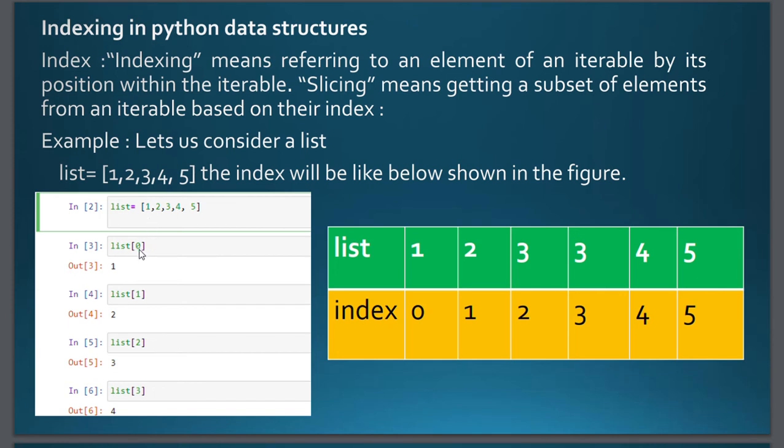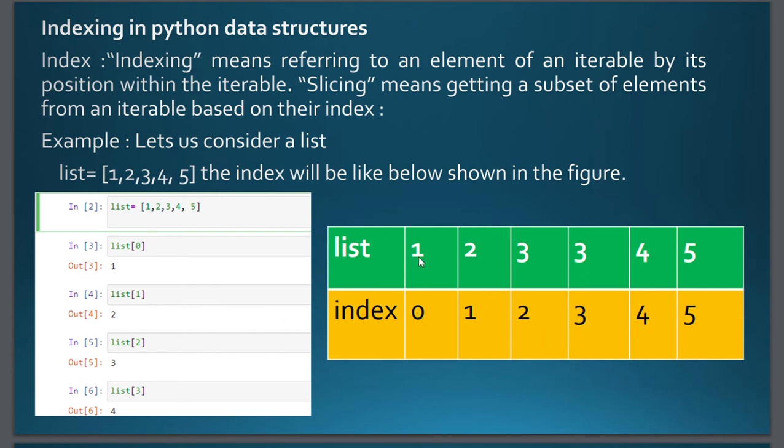List index 0 is 1 and list index 1 means 2. This is the second element, and list index 2 is the third element. Here is a figure specifying the index and the following numbers.